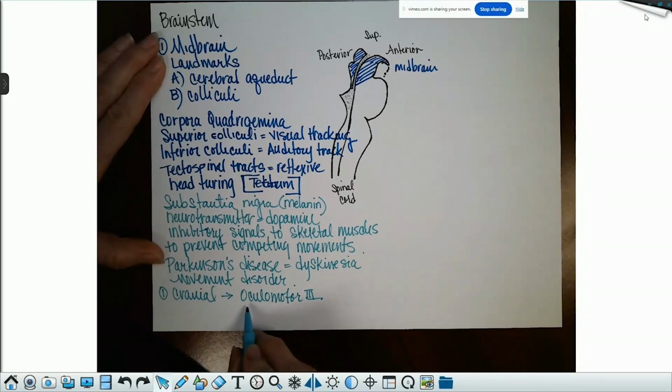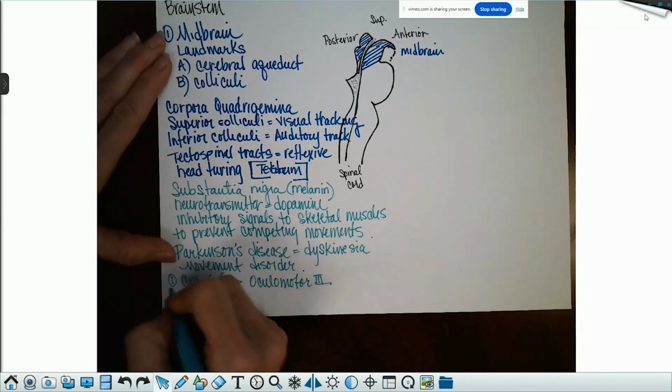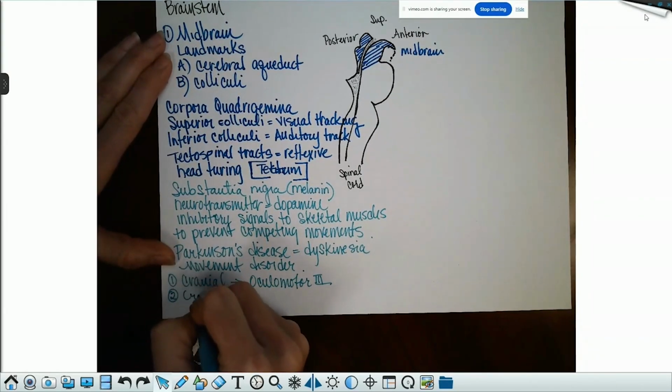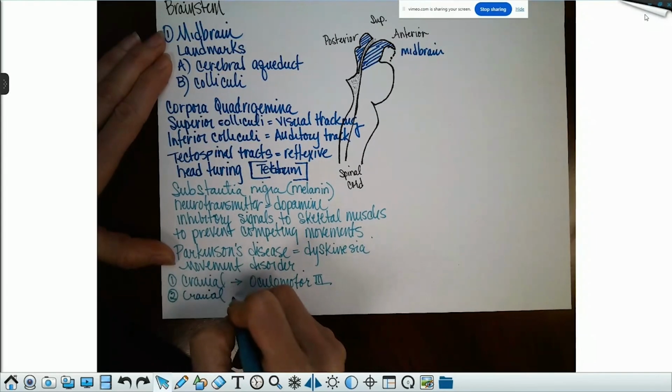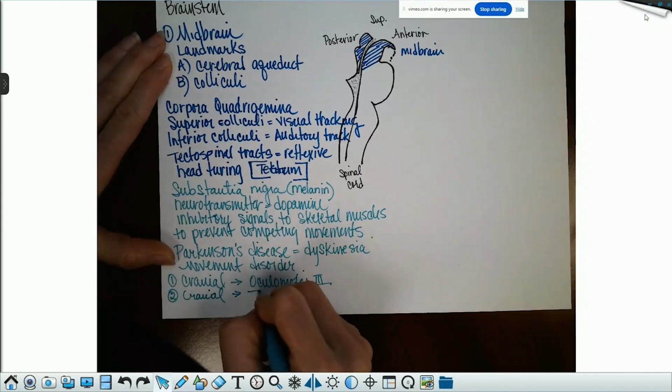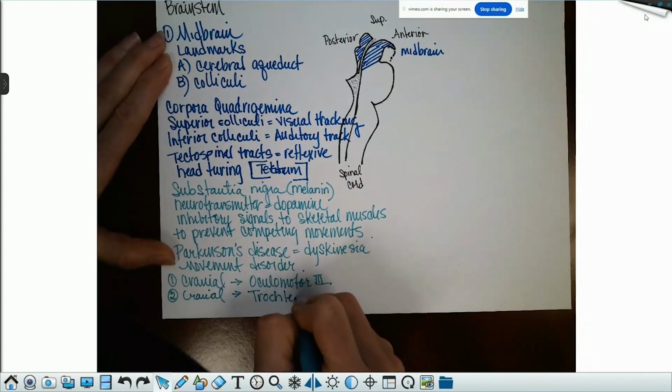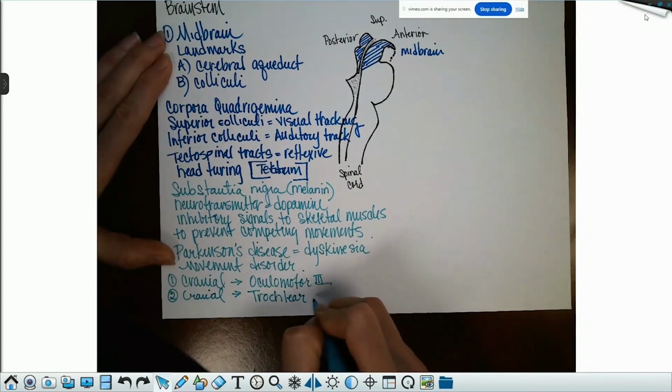This particular cranial nerve is for eyeball movement. So this innervates 3-4 muscles of the eye, extrinsic muscles of the eye, to move the eyeball. Okay, the other cranial nerve is the trochlear, and this is cranial nerve number 4.